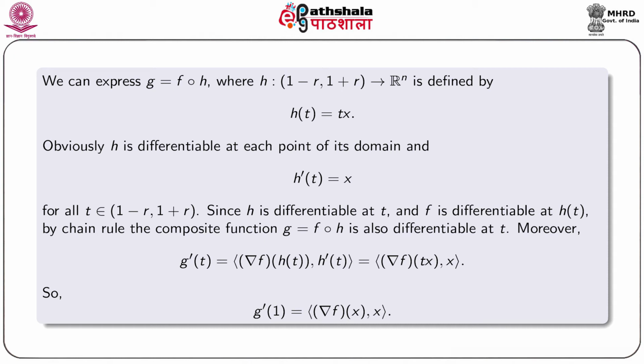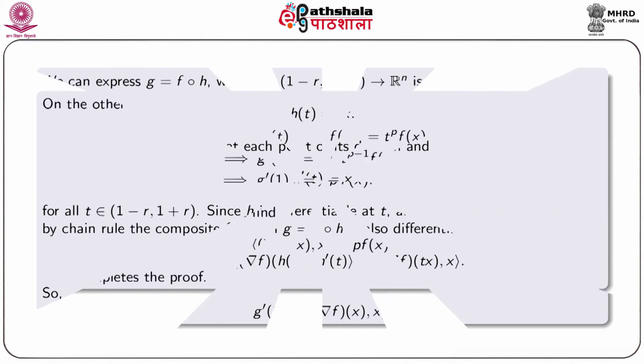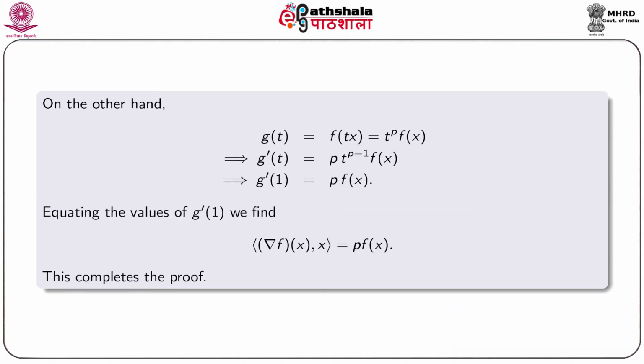Putting t equal to 1, we find that g dash 1 equal to the inner product of the vectors grad f(x) and x. On the other hand, we have g(t) equal to f(tx) equal to t to the power p f(x). So, g dash t is nothing but p times t to the power p minus 1 f(x). So, putting t equal to 1, g dash 1 is nothing but p f(x).